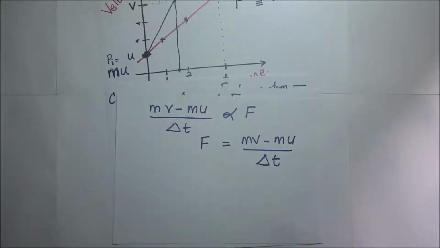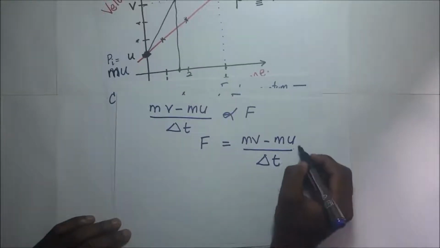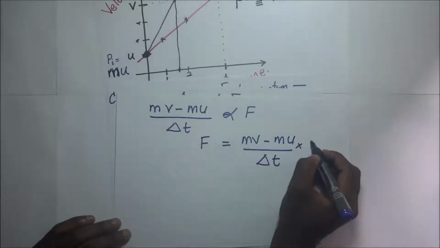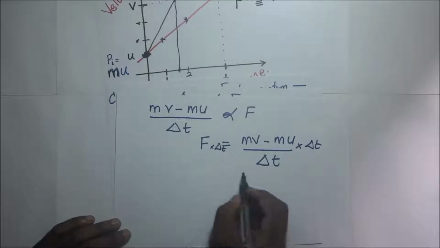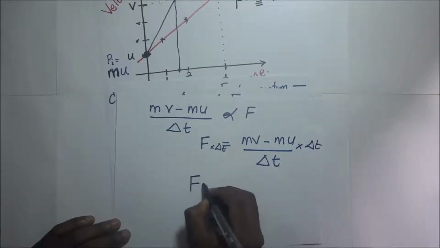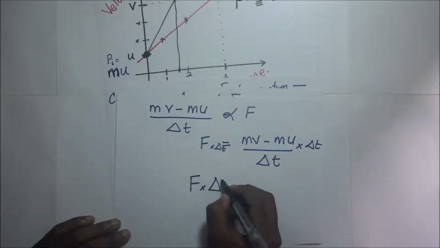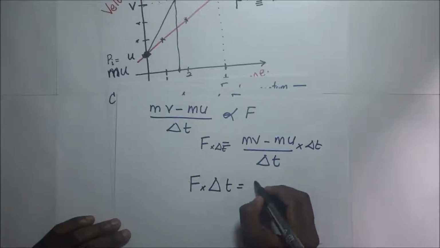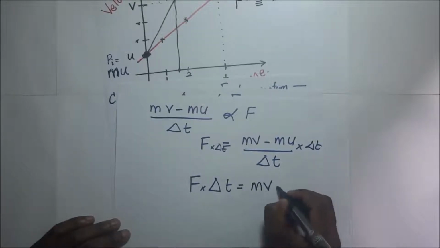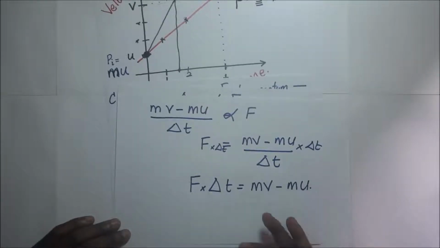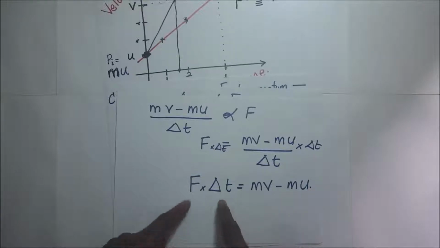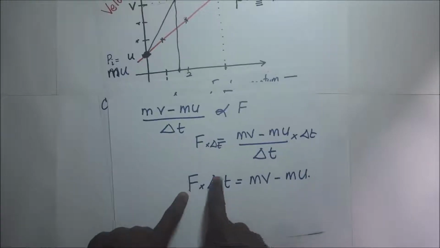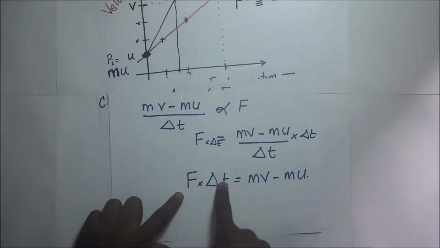You will find that if we multiply both sides by the change in time, we shall end up with an expression that force times the change in time is equal to mv minus mu. Now mv minus mu is simply the change in momentum. So this change in momentum is equal to force times the change in time.